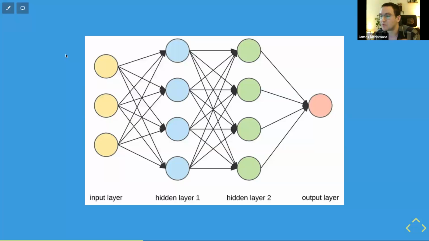Each one of those numbers corresponds to one of these nodes. And the output layer, you can see, just has a single node. So this network outputs just a single number, or a list of a single number if you want to be consistent. And then there's a bunch of these layers in the middle, which are kind of arbitrary.